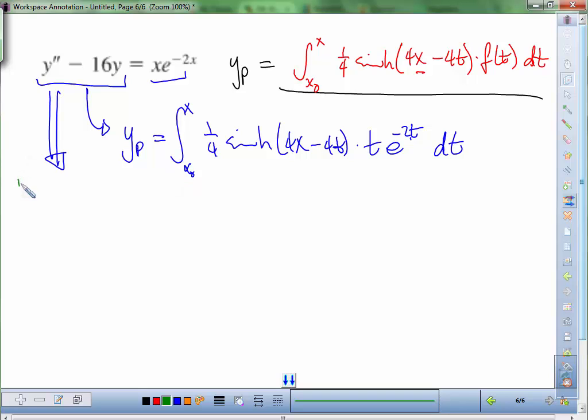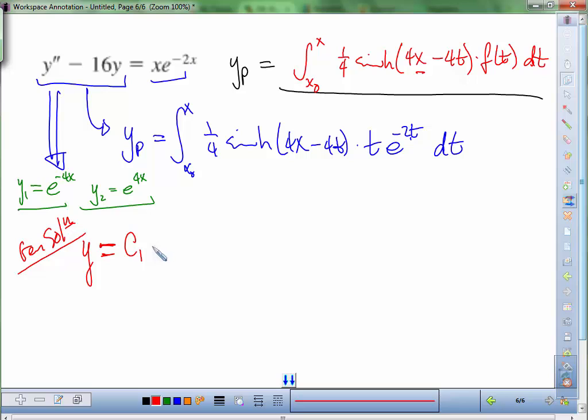Let me rewrite our y1, which is e to the negative 4x, and our y2, which is equal to e to the positive 4x. And so our general solution is going to equal c1 e to the minus 4x plus c2 e to the positive 4x plus, now all this stuff, the y particular.